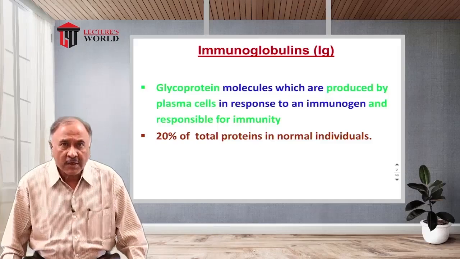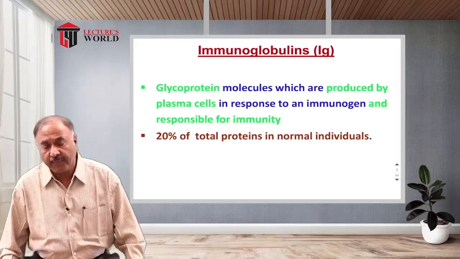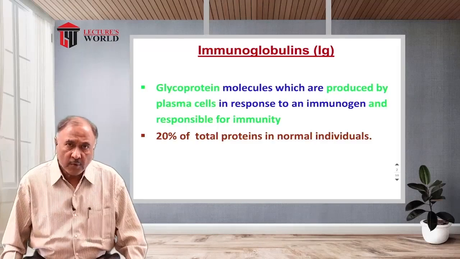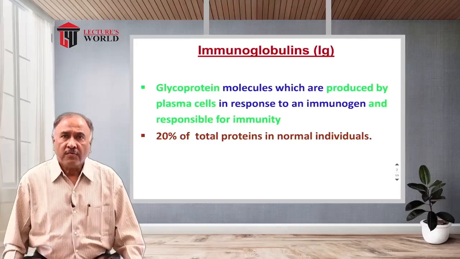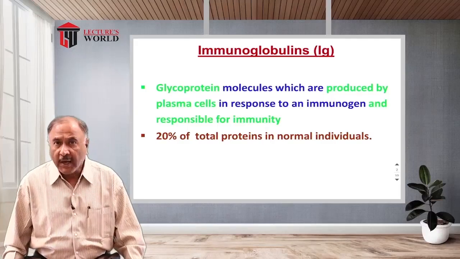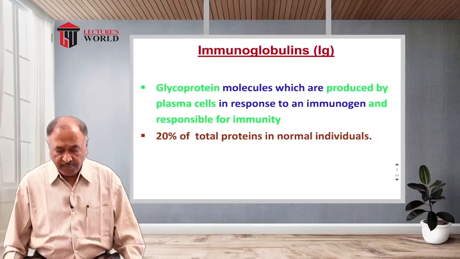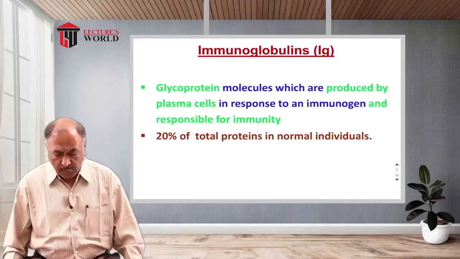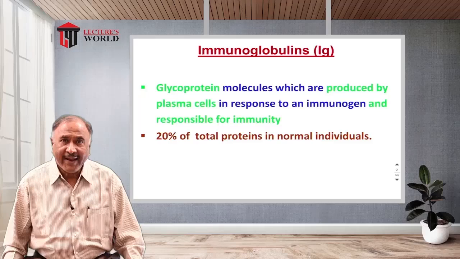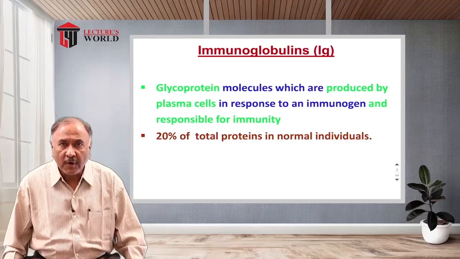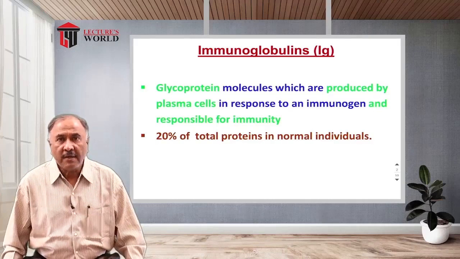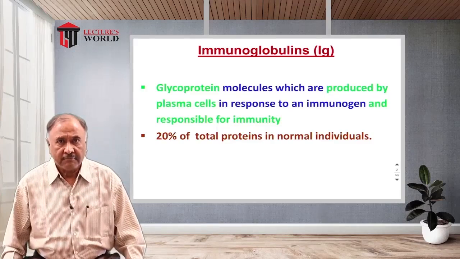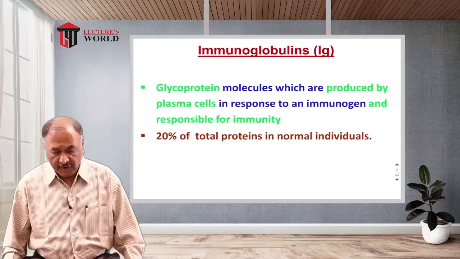Now, what are those immunoglobulins? So, immunoglobulins, you can define as glycoprotein molecules which are produced by plasma cells in response to immunogen and is responsible for immunity. Now these are the key words in the definition.